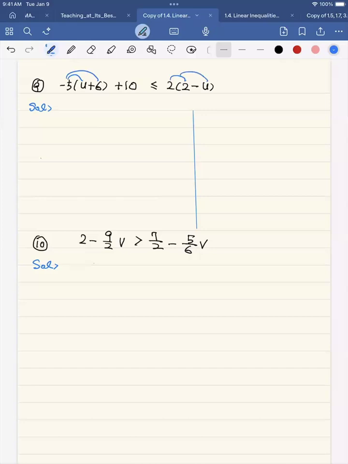So we have negative 5u minus 5, negative 5 times 6 is negative 30 plus 10, that is less than or equal to 4 times minus 2u. And then that is minus 5u minus 20 less than or equal to 4 minus 2u.